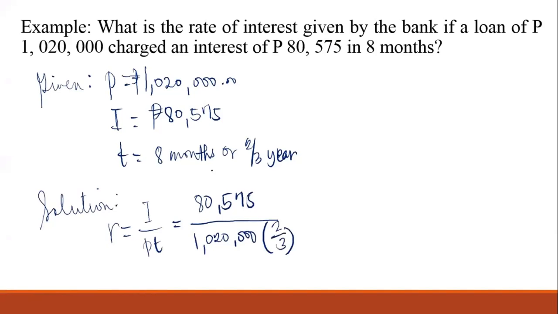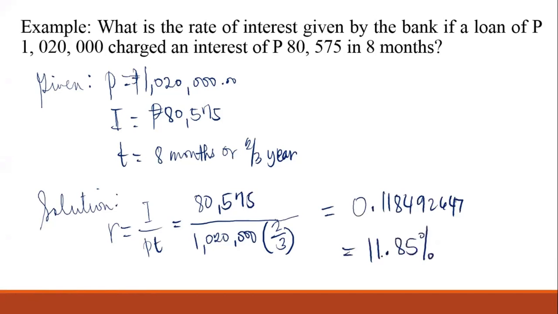Okay? So, kinonvert na natin yung month into year. Kaya, 2 over 3 year yan. Okay? So, this is now equal to 0.1184926447. Or, this is equal to 11.85%.